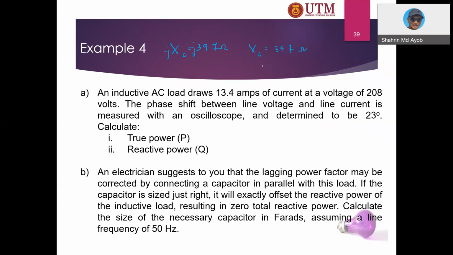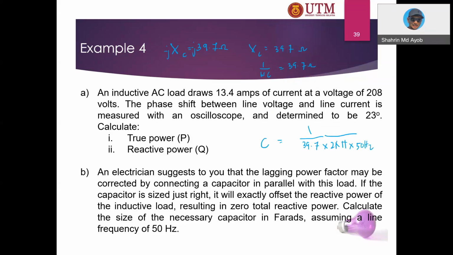We know that XC is 1 over omega C. So with 39.7 ohm, your capacitor is 1 over 39.7 multiplied by 2 multiplied by pi multiplied by 50 hertz.